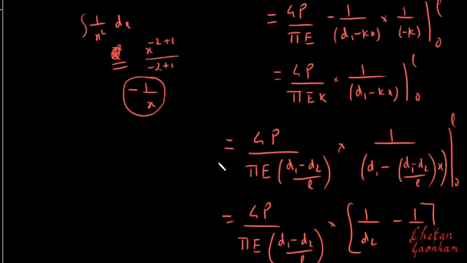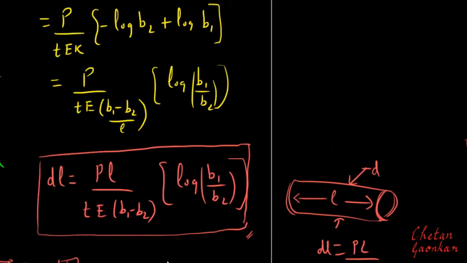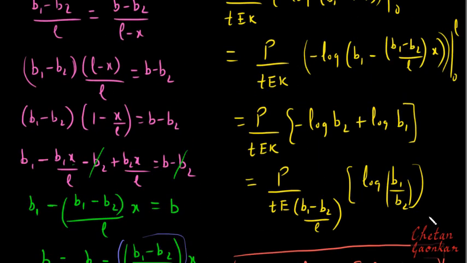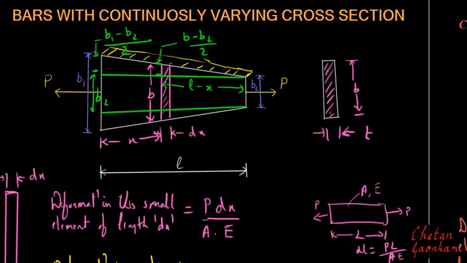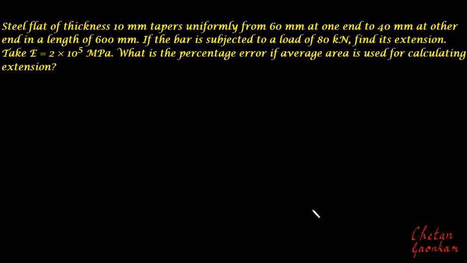With the help of these two expressions, we can solve as many problems as we want. For example, I have considered one or two problems which we will solve now. The first example is a steel flat of thickness 10 mm and it tapers uniformly from 60 mm to 40 mm.